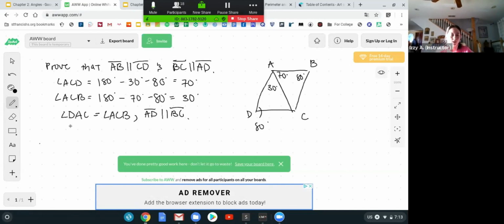And at the same time, because angle BAC is the same as the angle DCA, AB is going to be parallel to CD. So I think that was pretty straightforward.